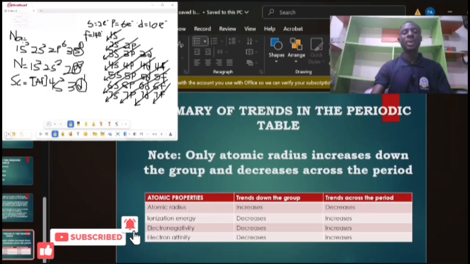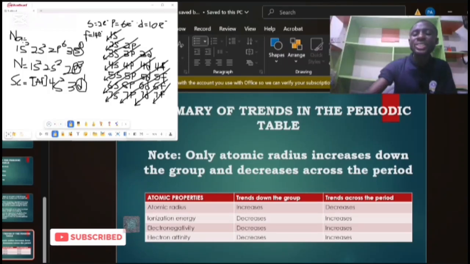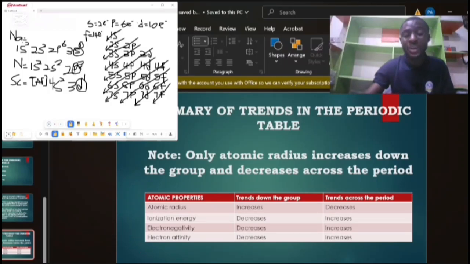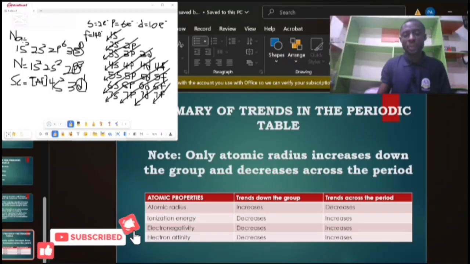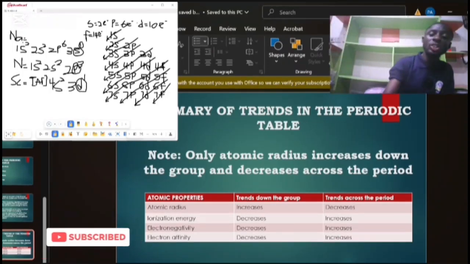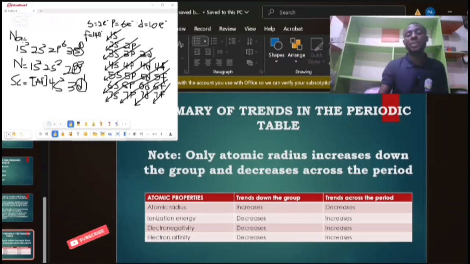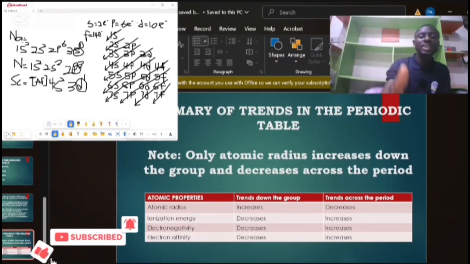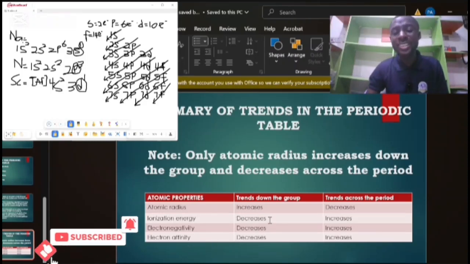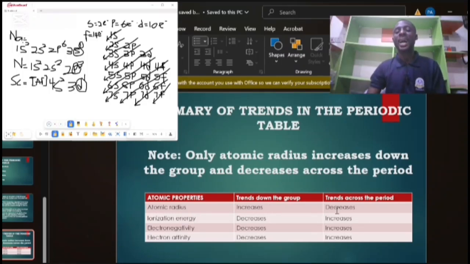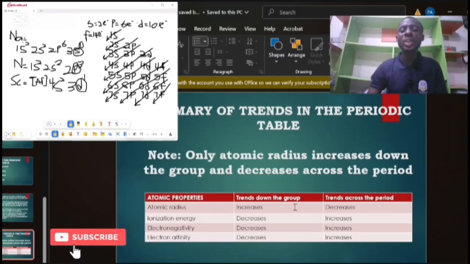Now look at this table. I've given us a clue. Only atomic radius increases down the group and decreases across the period. Now if they are asking us questions concerning these 4 trends in the periodic table, all the other trends, which are ionization energy, electronegativity, electron affinity, they all decrease down the group. Only atomic radius increases down the group, and across the period only atomic radius decreases.